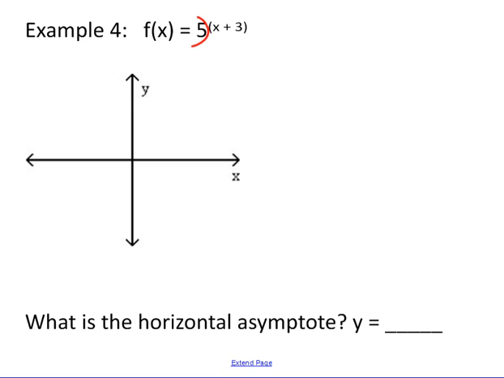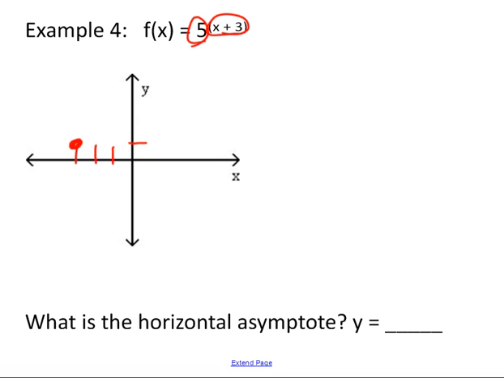Again, it doesn't matter what this number is. We have 5 raised to the x plus 3. Notice the plus 3 is actually inside the exponent. That's going to shift us left or right. And if it's positive, it's going to shift us left, in the negative direction. So we normally start here, but if I go left 1, 2, 3, there is that point right there.